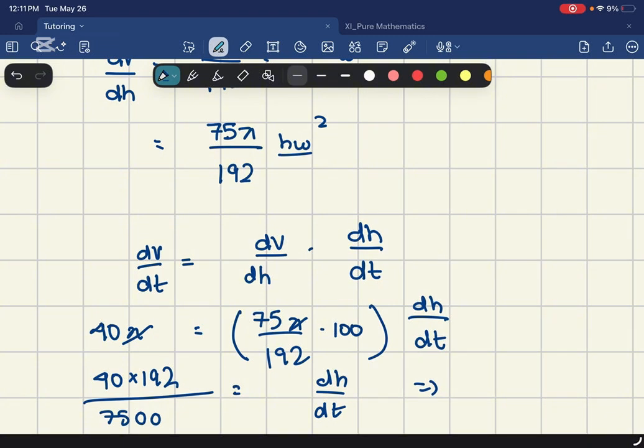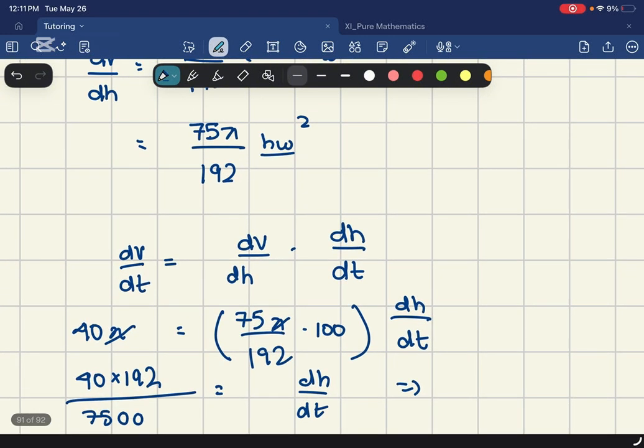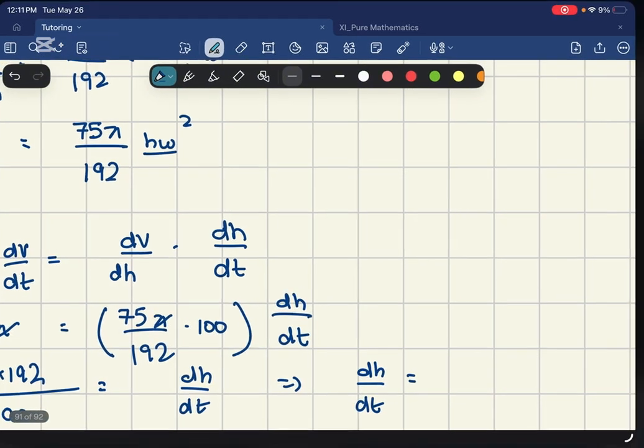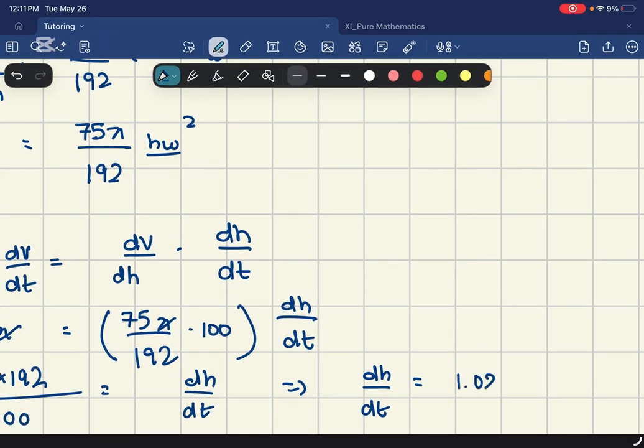When you simplify this, dH by dt is equal to 1.024, and height is in centimeters per second. Now in the cone, if you pour water, is the height going to increase or decrease? It's going to increase. So your unit here has to be positive. All right, so that is going to be your answer.